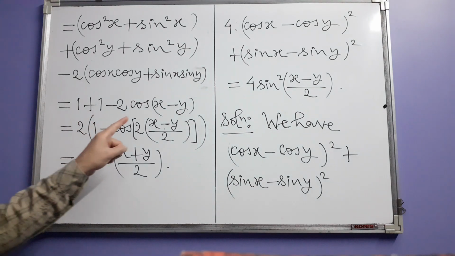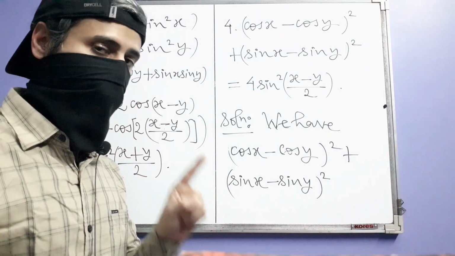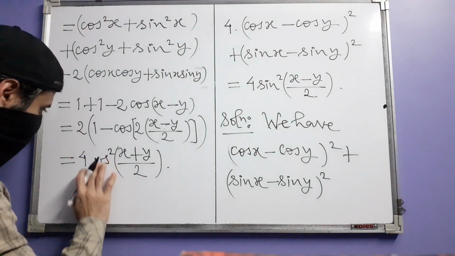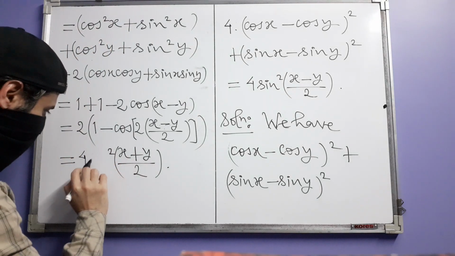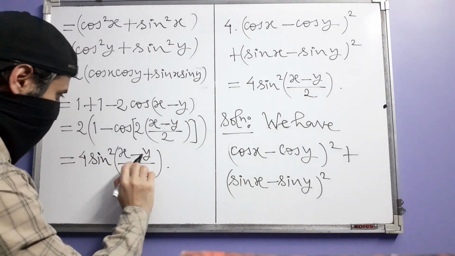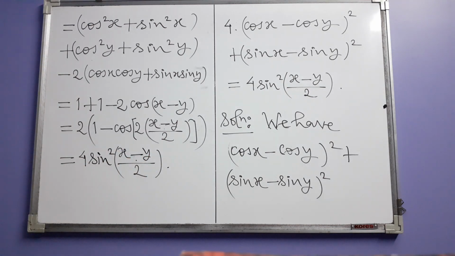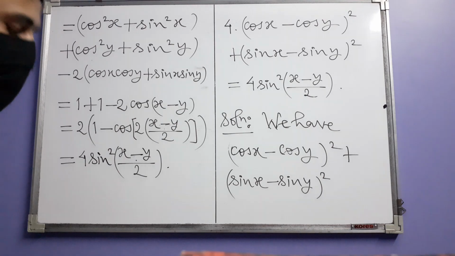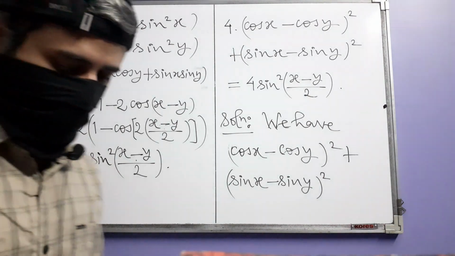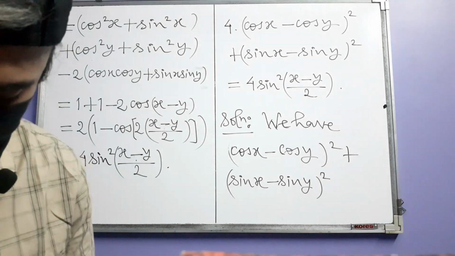But 1 minus cos 2 theta is 2 sin square theta. So that way we get 4 sin square of x minus y divided by 2. So that's the fourth one. Okay. Next, let us see the fifth one.